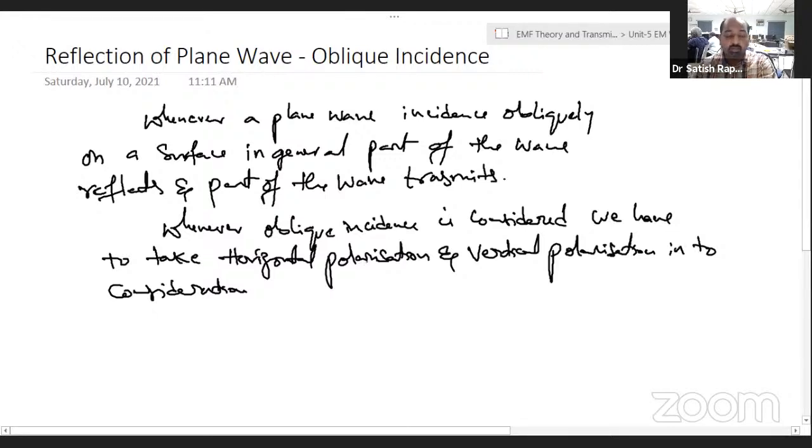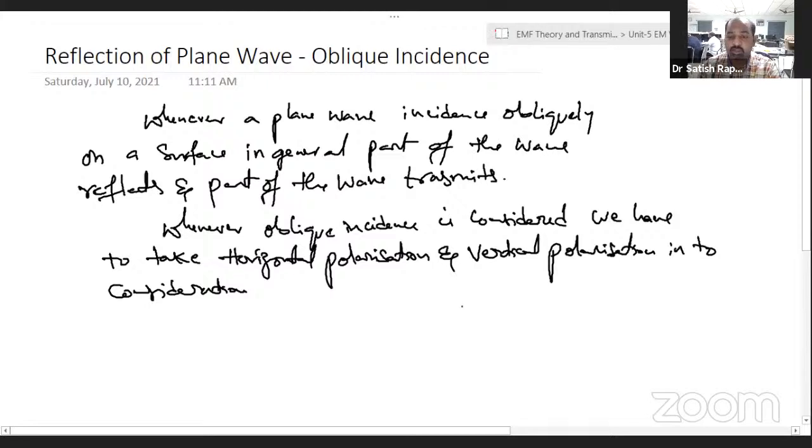Before going ahead with this topic, we need to understand what is horizontal polarization and what is vertical polarization. Earlier, for normal incidence, there was no need of considering horizontal polarization and vertical polarization.